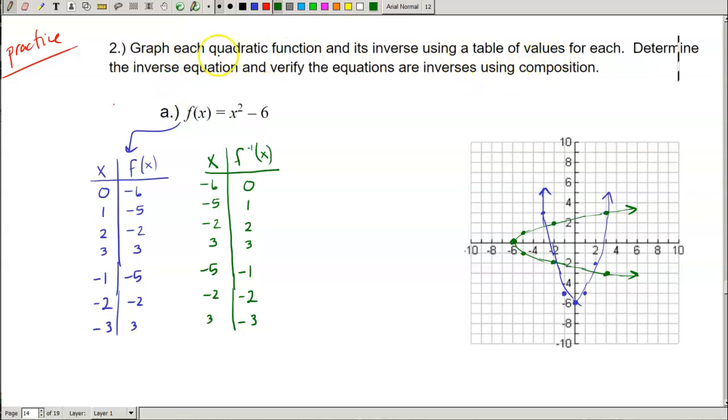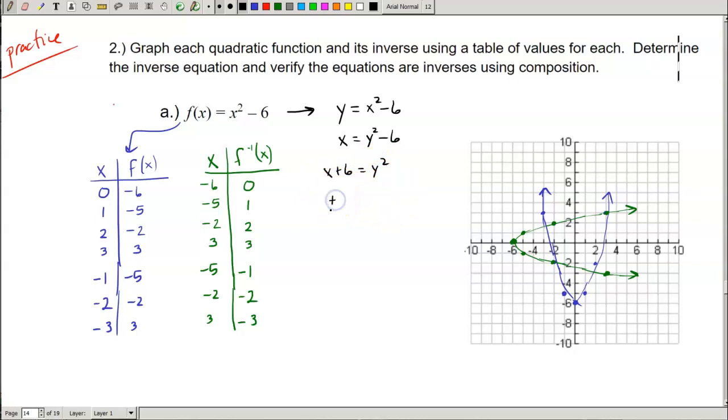Now, the next part of this is to determine the inverse equation. So that was another thing that we did. How do we find the inverse of this? Well, let's find the inverse. I'm going to change this to y equals x squared minus 6. Then I'm going to switch the x and y. The x's and y's are just swapped. And now I'm going to solve for y. So I'm going to add 6 to the other side. So y squared equals x plus 6. Then I'm going to take the square root of both sides.